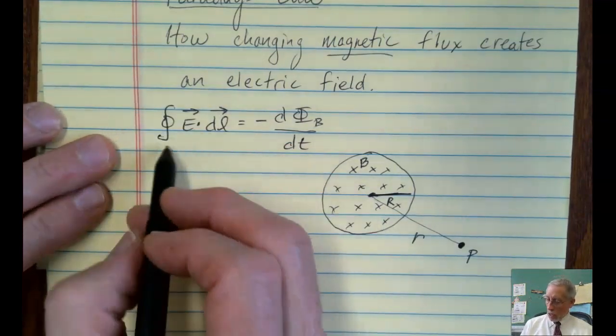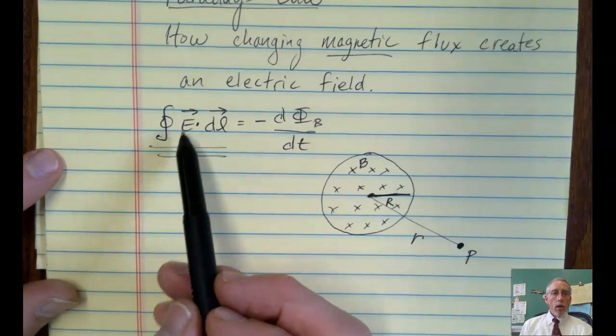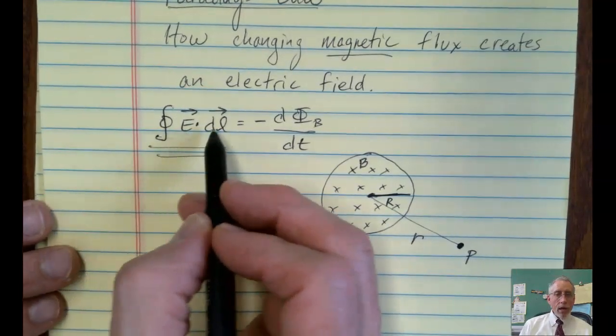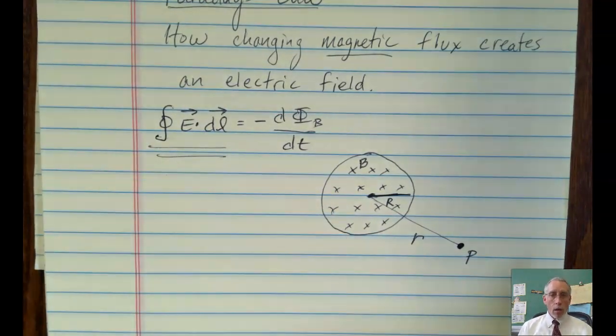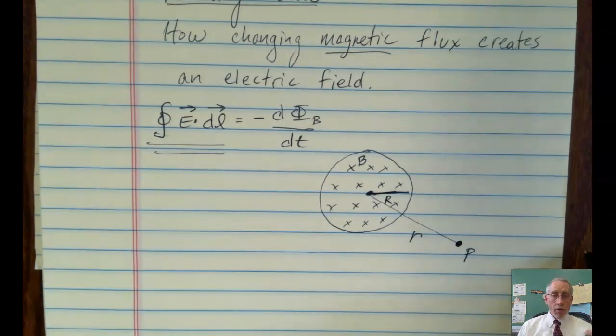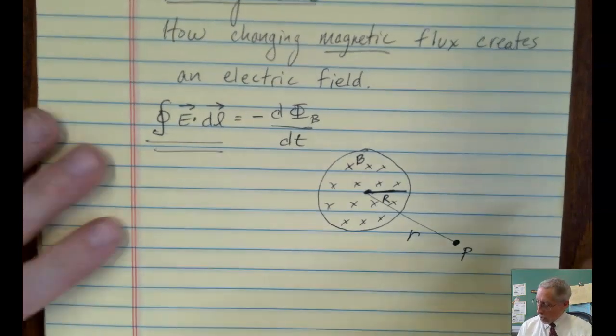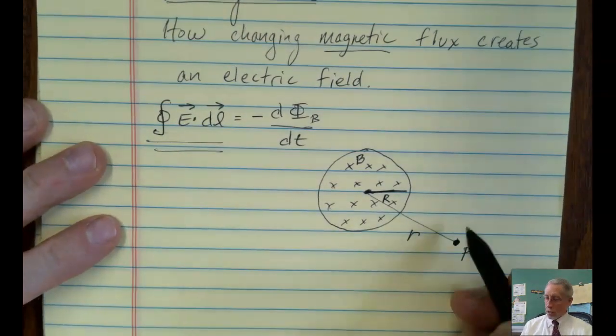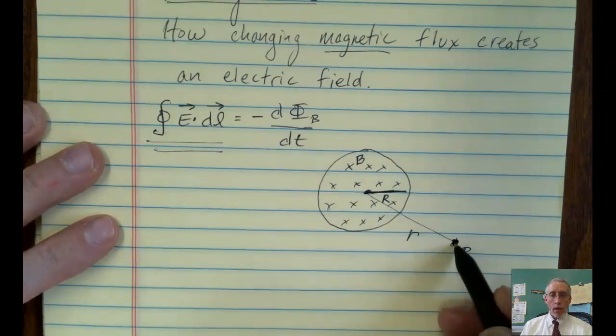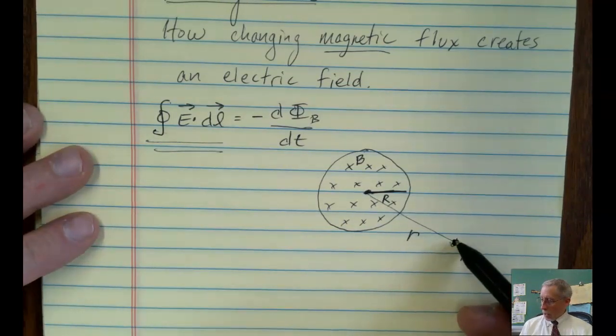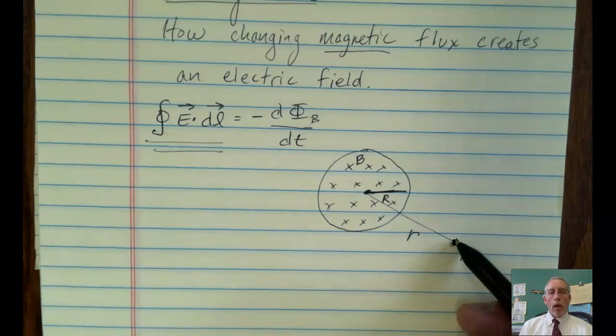So in this form, on the left side, this is called a line integral of E·dl. Line integrals mean, imagine you're going around a path or a line. It can be a curved line. And again, you have to have enough symmetry for this to work. The path in this case would be a path that goes through point P, and anywhere on that path I should be able to say it is equivalent to any other place on that path.